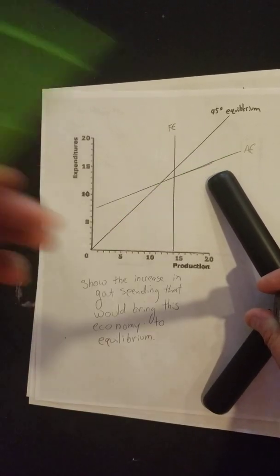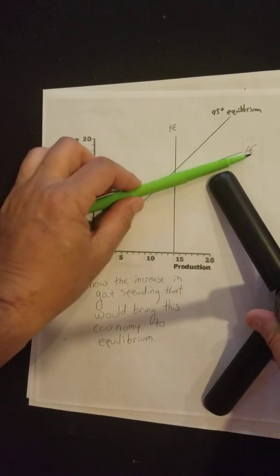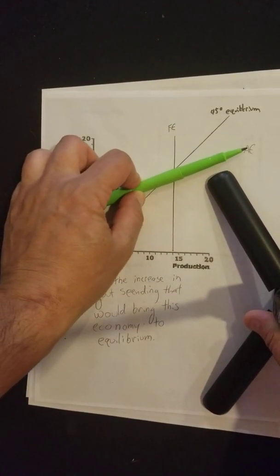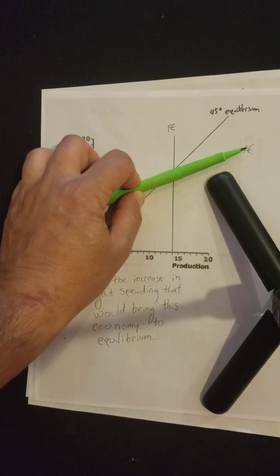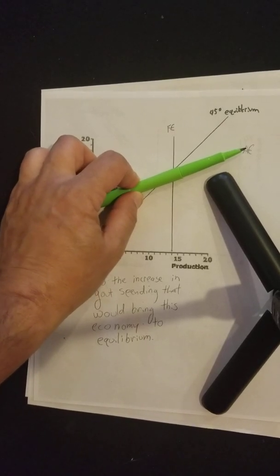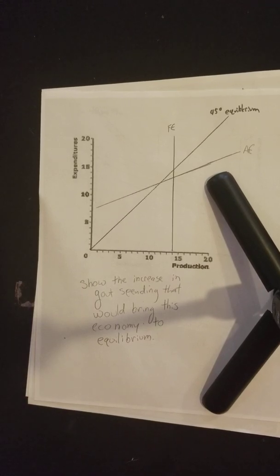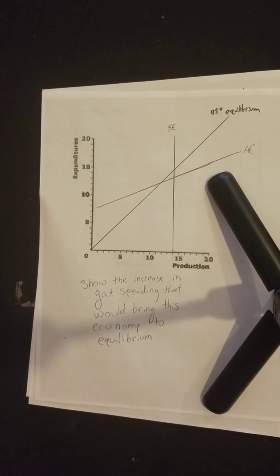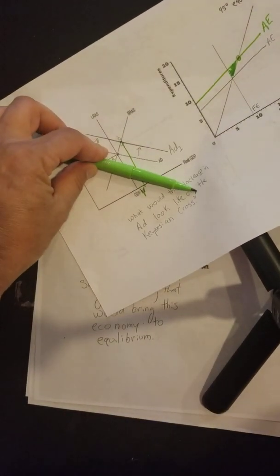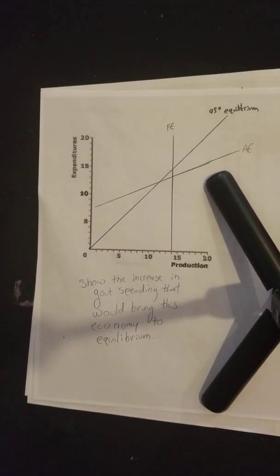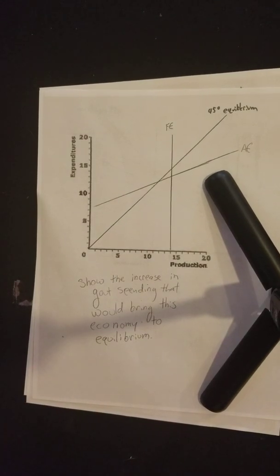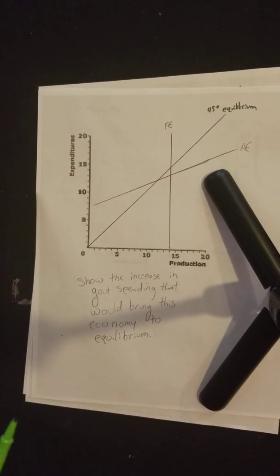So here we've simplified things. This is aggregate expenditure, which is C plus I plus G. And if we were including XN, it would be in there also. Now we know that when an economy is in a recessionary gap, like the economy is in now, the government wants to spend money to stimulate.